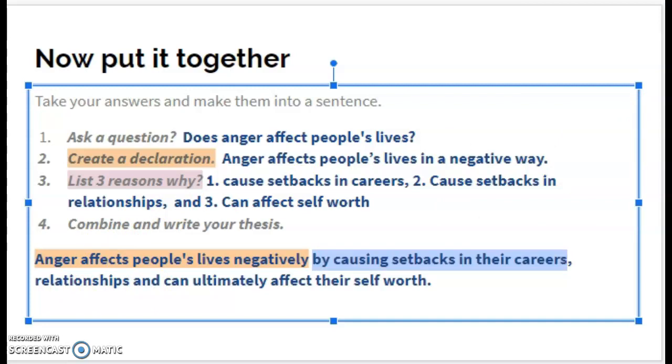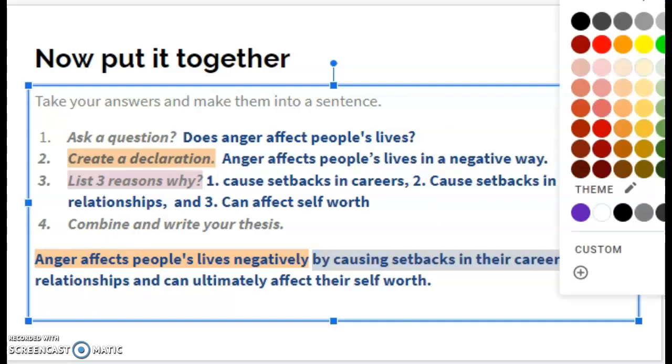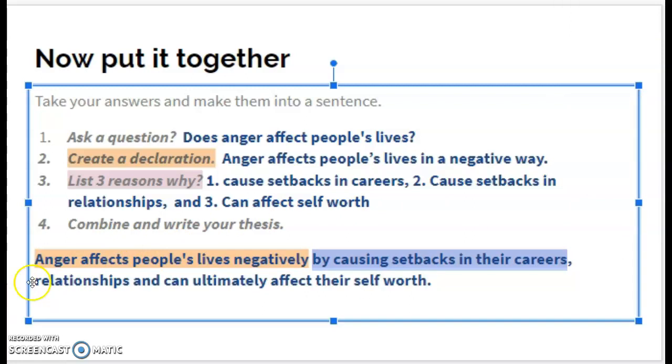I messed that one up, didn't I? Remember, I don't have to repeat setbacks in relationships. I can say comma, relationships, and can ultimately affect their self-worth. I have my thesis now. Anger affects people's lives negatively by causing setbacks in their career, relationships, and can ultimately affect their self-worth.